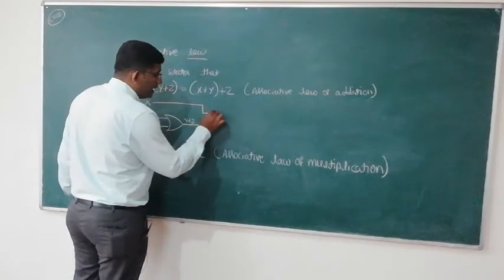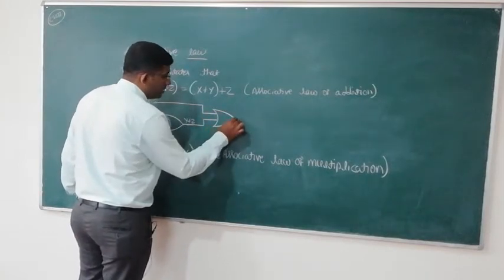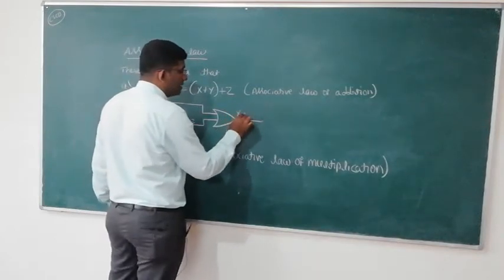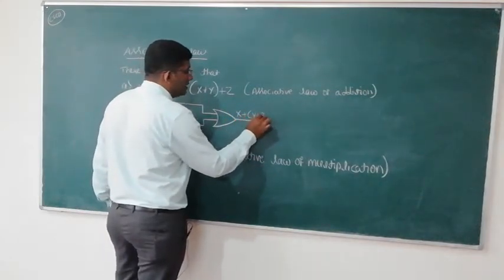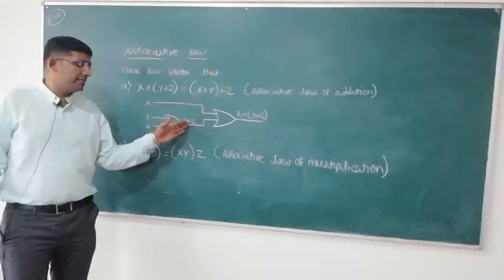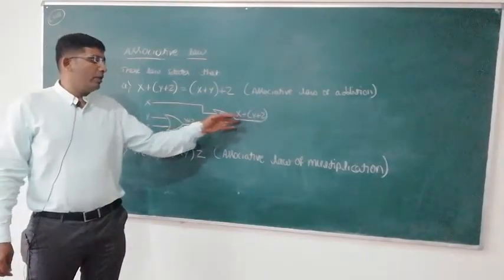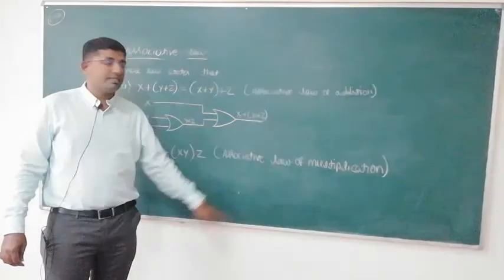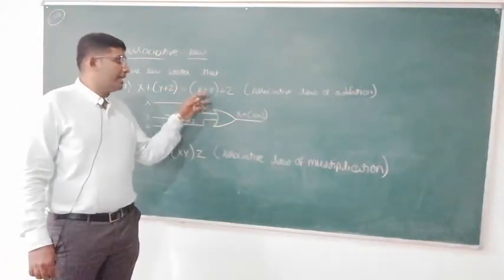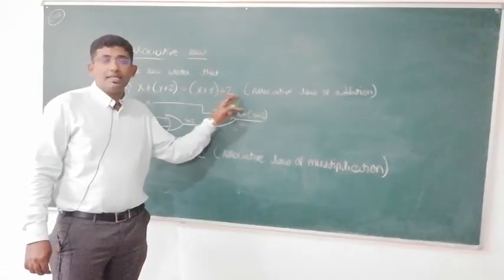If I am inputting it to the OR gate, the output will be x plus y plus z. x plus y plus z will be taken as a single term, and it is equal to x plus y, plus z.